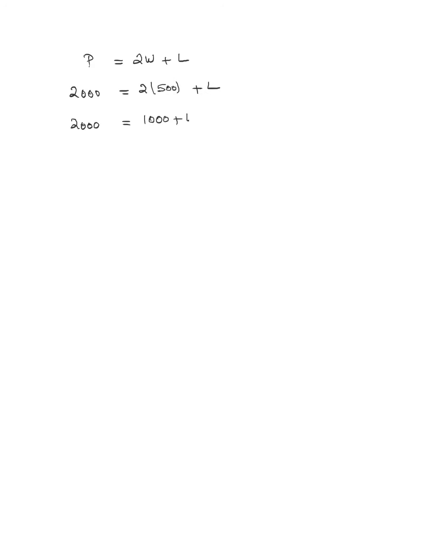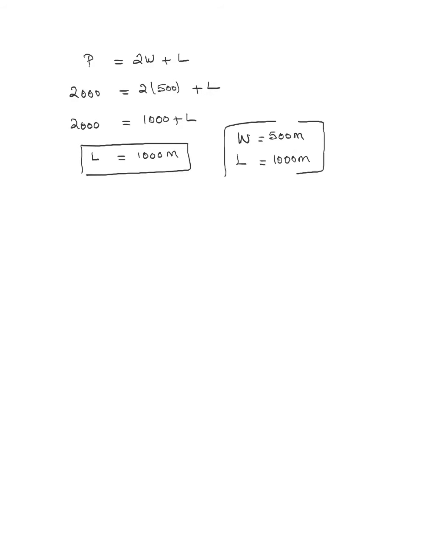Subtract 1000, so we get l is 1000 meters. So the w is 500 meters and the length is 1000 meters. And when you multiply l times w, we get the area as 500,000.